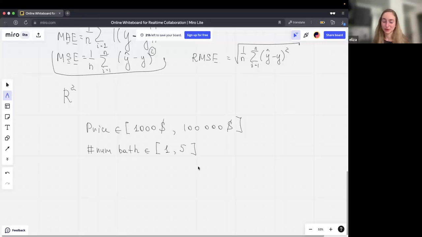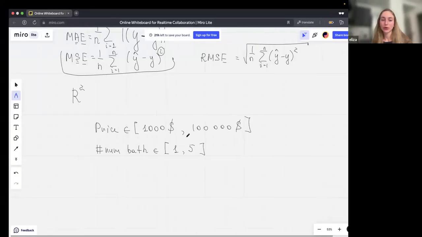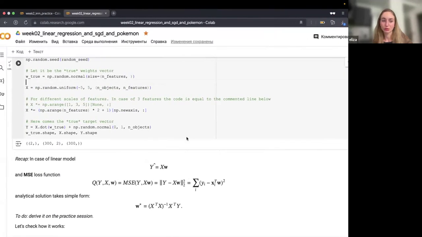I have never seen real estate with more than 5 bathrooms, so I think it's normal. You see that it's a really different scale, and when we generate our data, we want to use this information and scale our features.